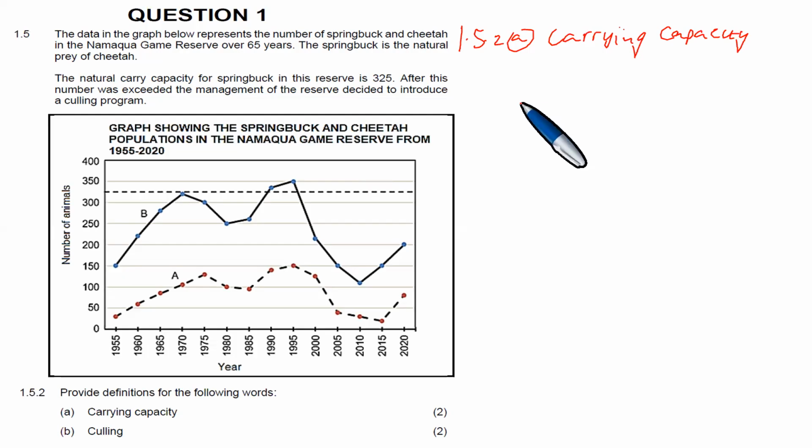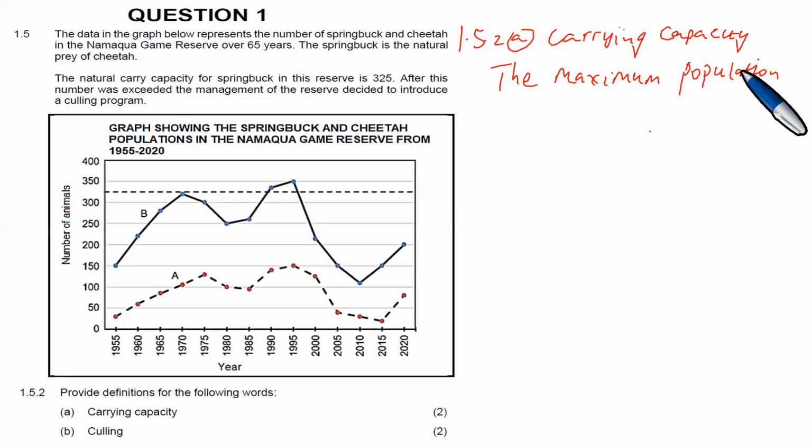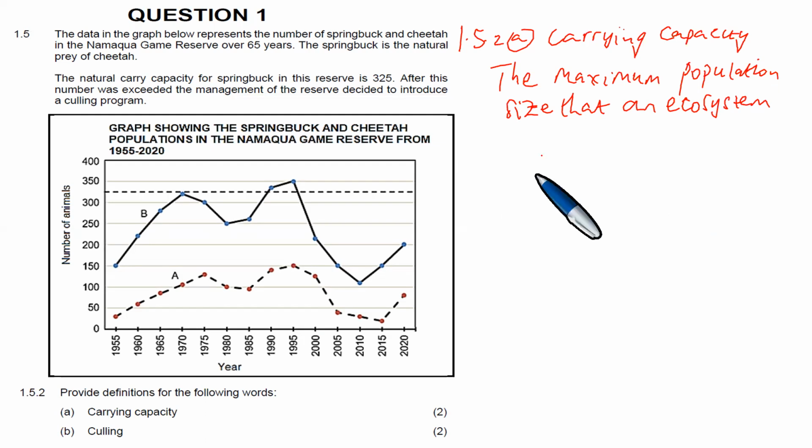Carrying capacity refers to the maximum population size that an ecosystem can support.